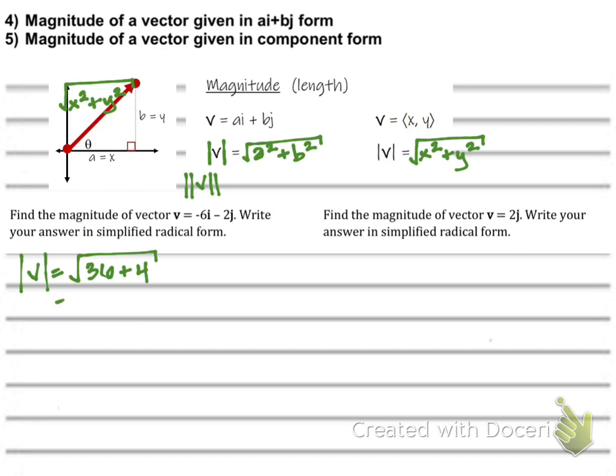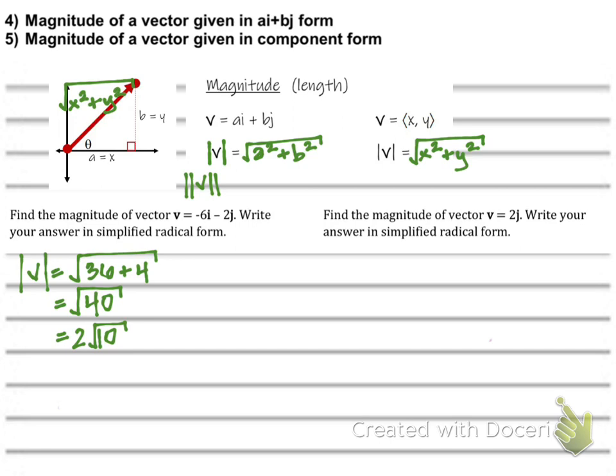So that's the square root of 40. And we want simplified radical form, so we want to pull out any perfect squares. Remember, 40 is 4 times 10, right? The square root of 4 is 2, so 2 root 10. Everybody okay? I told you it was easy, right?